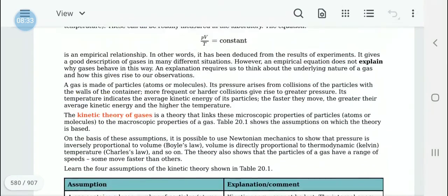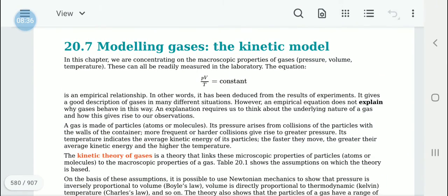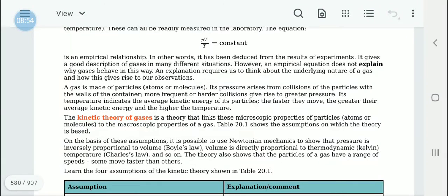I think it would be best if we write a note on this: write down the kinetic model, modeling gases. Write down PV upon T is a constant. This empirical relationship does not explain why gases behave the way they do.